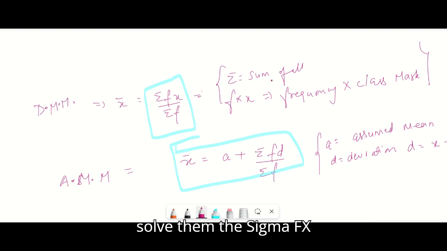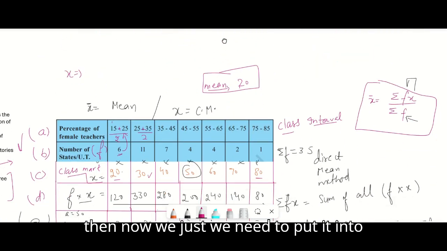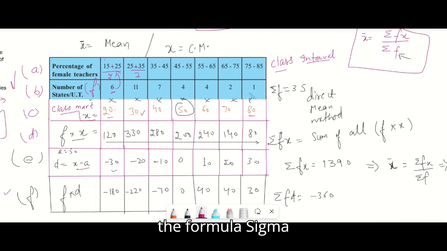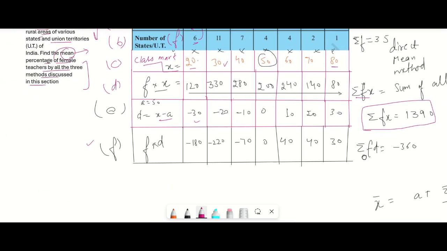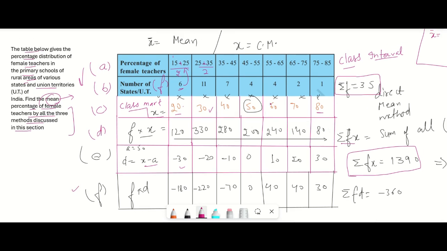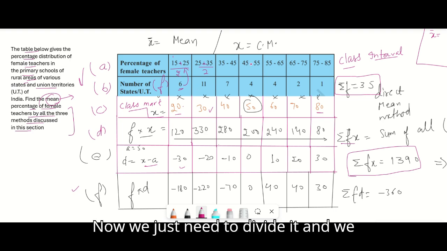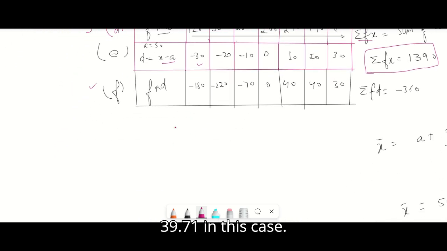Sigma fx, sigma fd, a, we have everything that we need. Now we need to put it into the formula. Sigma fx is 1390, and sigma f is 35. We just need to divide, and we will have our mean, which is 39.71 in this case.